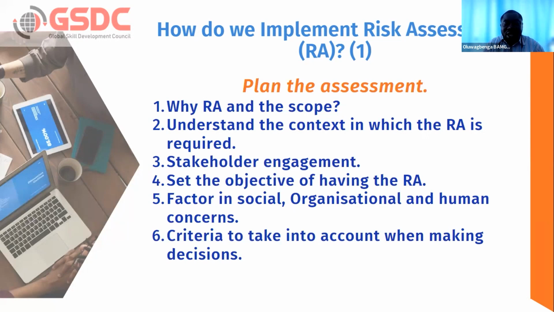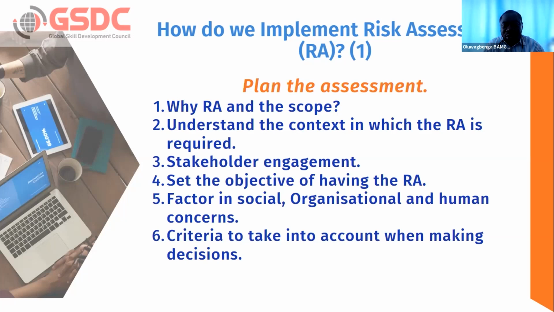Then factor in social, organizational, and human concerns, which is also one of the key principles guiding risk management according to ISO 31000. And of course, criteria to take into account when making decisions. What are the things we want to factor? What are the criteria? What are the attributes we need to look at?